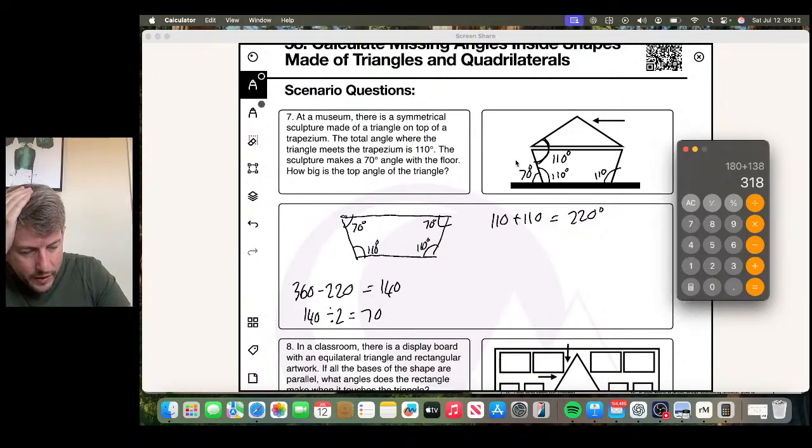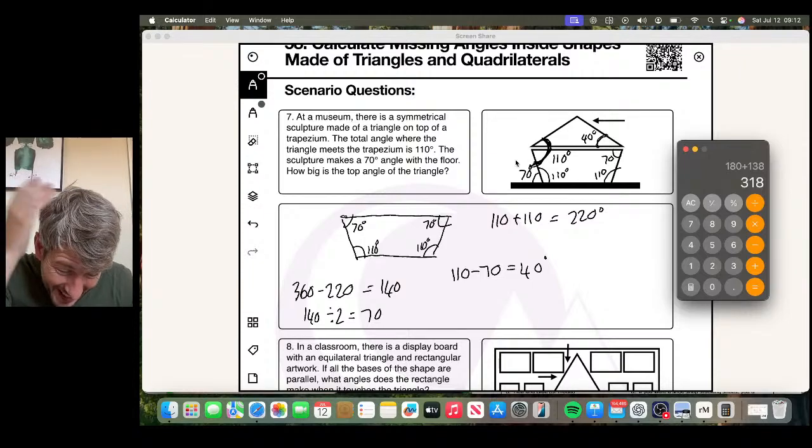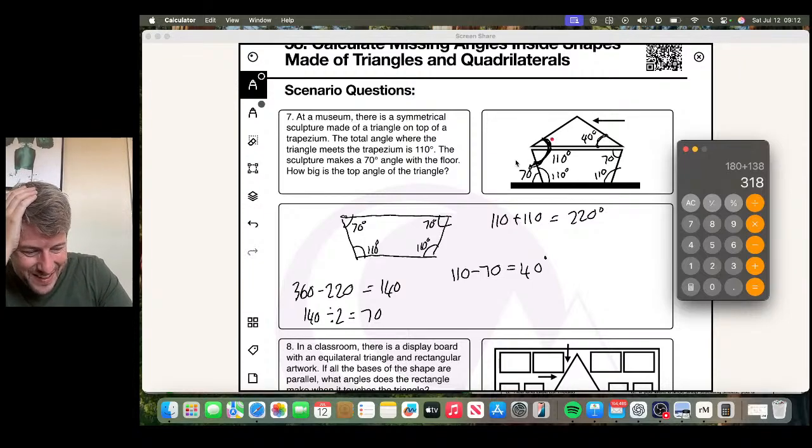Now the whole angle from here to here is 110, but if we know that from here to here is 70, then this bit must be the remainder of what gets us to 110. So we'll do 110, take away 70, and get 40 degrees. So this bit would be 40 degrees. That's still not the end. This bit's 40 degrees because it's symmetrical.